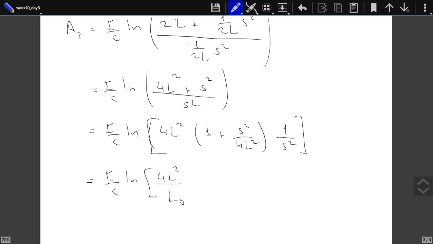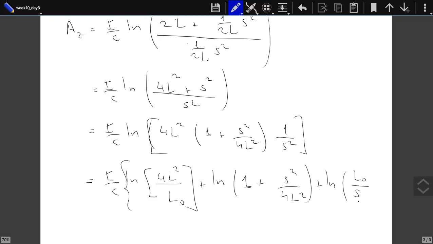L0 is just some other number, some other length. L0 is arbitrary.